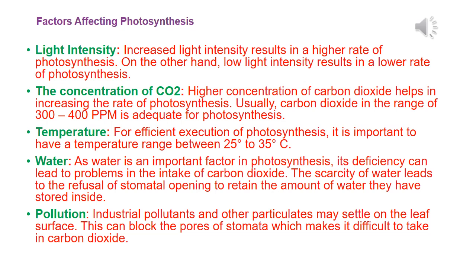So for efficient execution of photosynthesis, it is important to have a temperature range between 25 degrees Celsius to 35 degrees Celsius. It is this temperature range under which the suitable function of enzymes will be carried out, and once this is done, the process of photosynthesis will continue in a proper way.